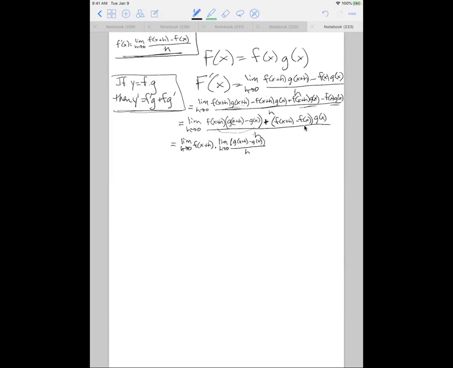And that's one product, so the h goes with this term. So you multiply that out, and you would get that exact same thing back.